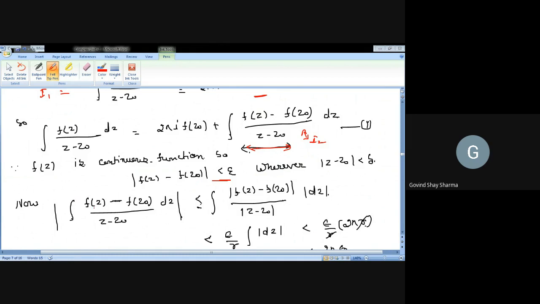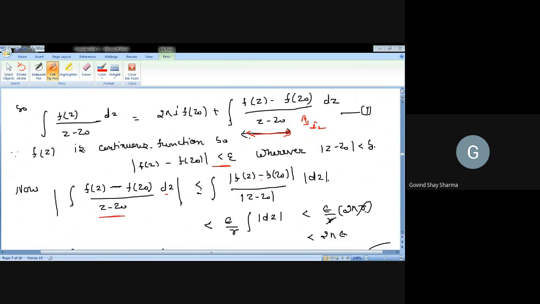So the modulus of the integral of f(z) minus f(z0) upon z minus z0 dz is less than epsilon upon r, because this is a continuous function and we can take epsilon as a very small positive quantity.